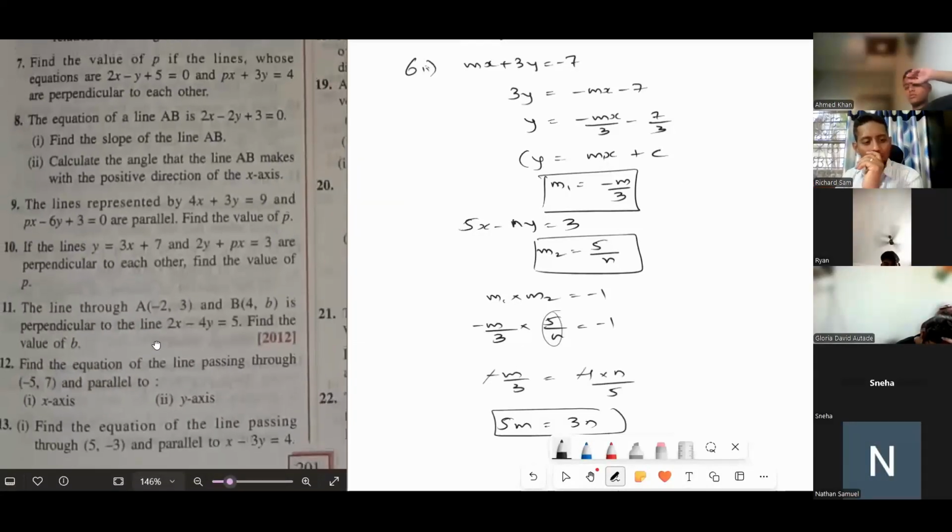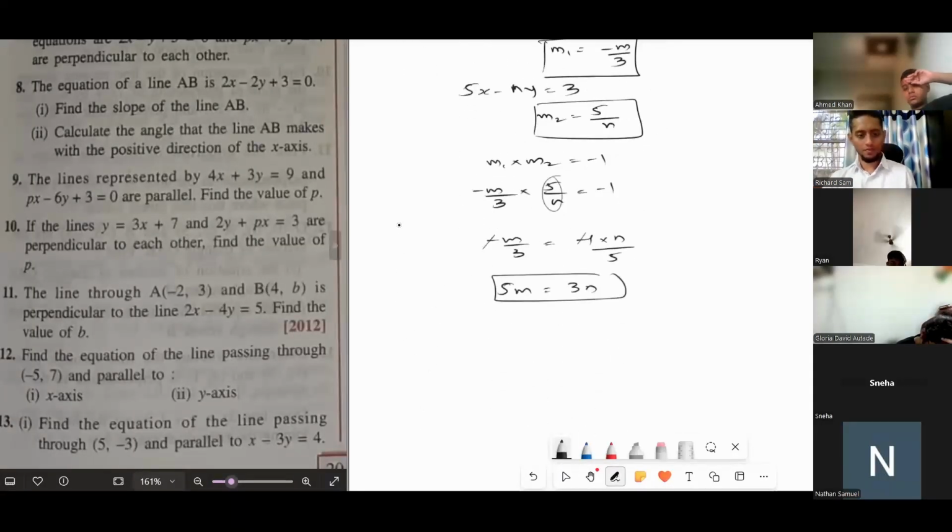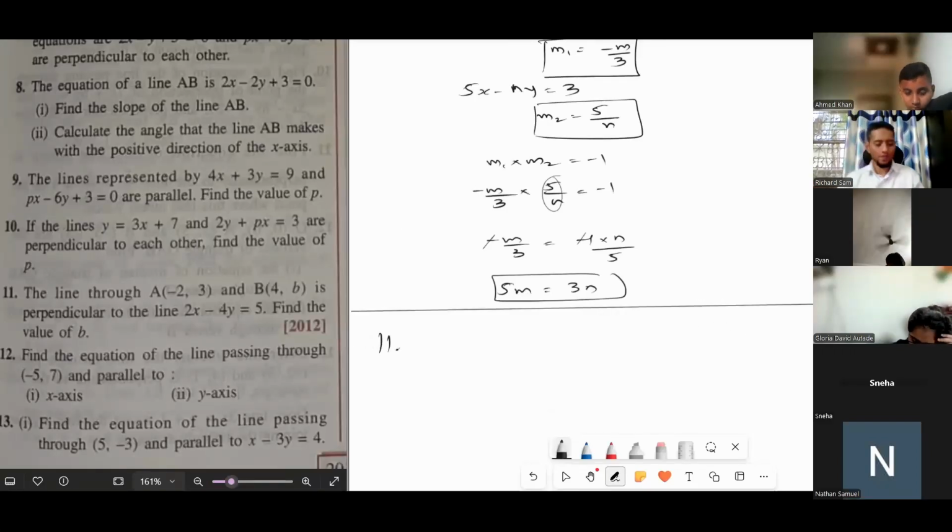Next is the 11th question here. In the 11th question, we have to find only the value of b.